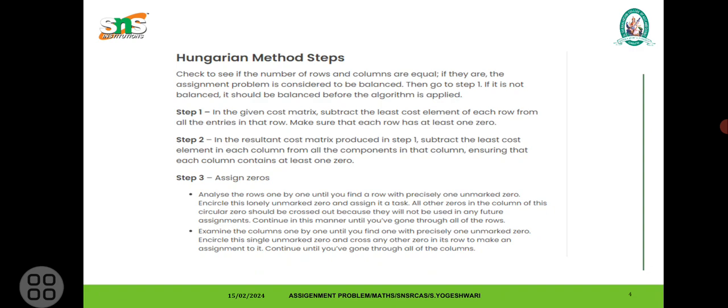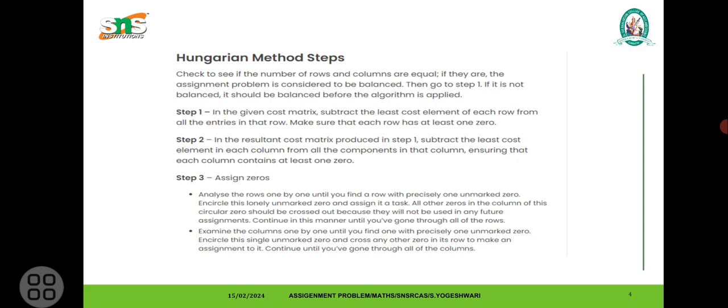Step 2: In the resultant cost matrix produced in step 1, subtract the least cost element in each column from all the components in that column, ensuring that each column contains at least one zero.